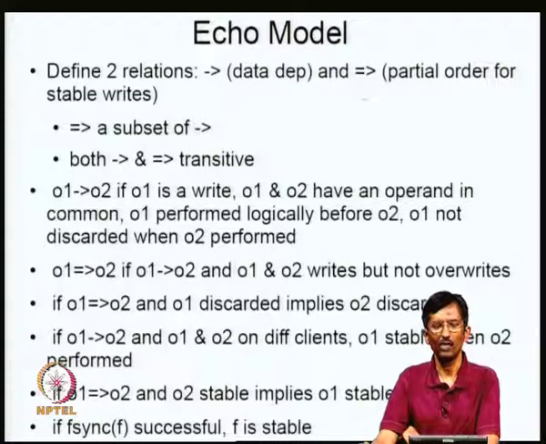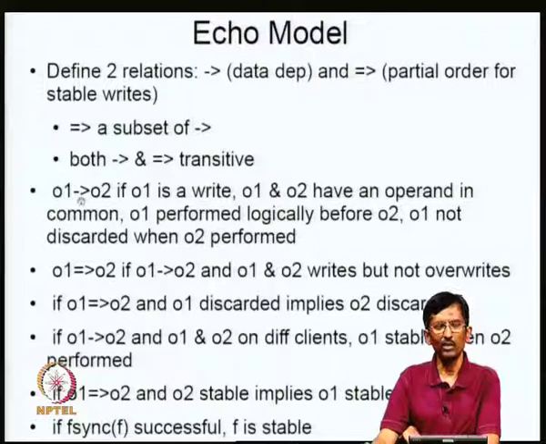That's why the stable writes are ordered in one way, and the data dependencies are going to be a superset of this particular set of things that have to be done. Okay. And these two relations are transitive. Now let's look at some of the conditions they have imposed.